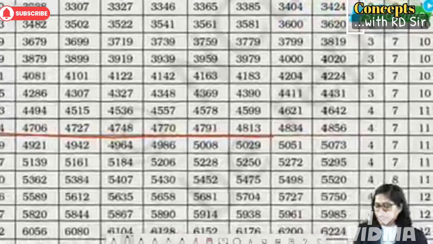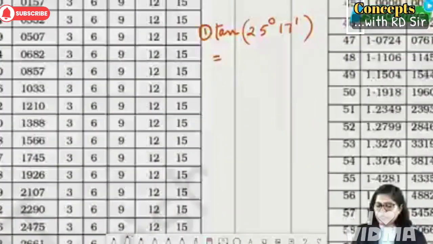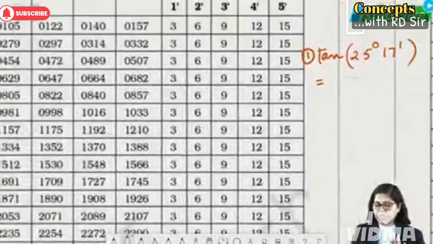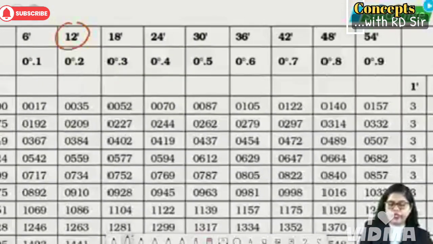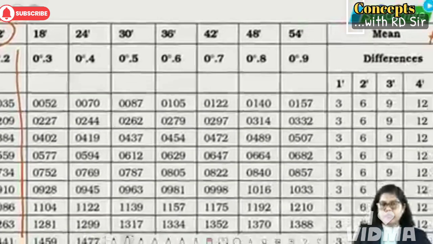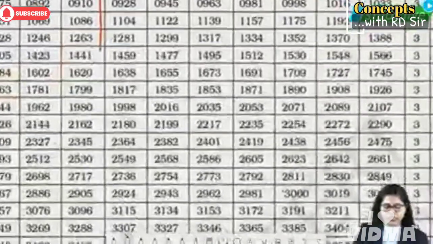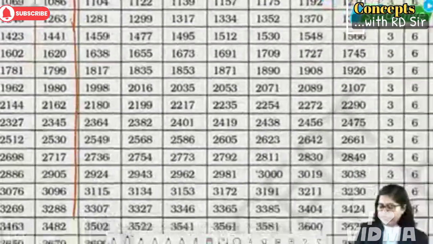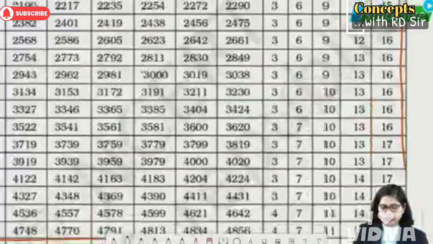And then next is 17 minutes. How should we go? 12 minutes, correct? In this column I am going, and 17, that means 5, I am going to go in this column. So just take it down, drag it, put it like this. You can use a scale for checking, of course.